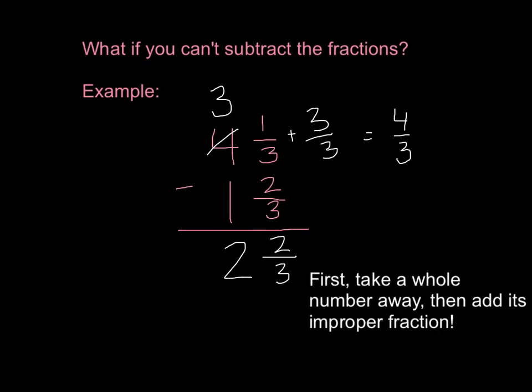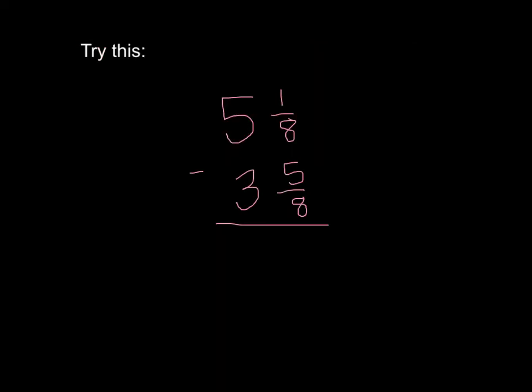We're going to do a few more problems like that. In this question, we have 5 1/8 subtract 3 5/8. Once again, we're trying to subtract the bigger number of 5/8 from 1/8. So what I'm going to do is cross out my whole number of 5, make it a 4 instead, and then I'm going to add 8/8 onto the fraction part.